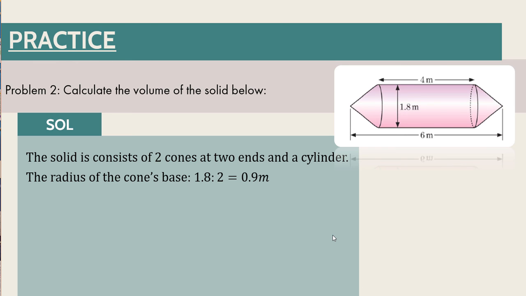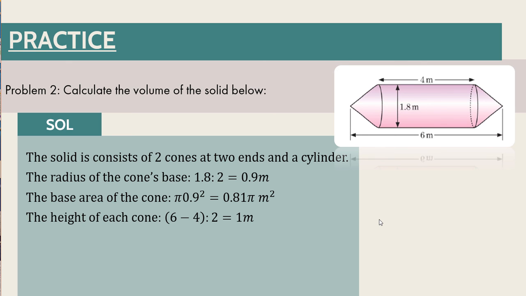So the radius of the base of the cone is 0.9 meters. So the base area of the cone is pi times 0.9 squared, which is equal to 0.81 pi square meters.